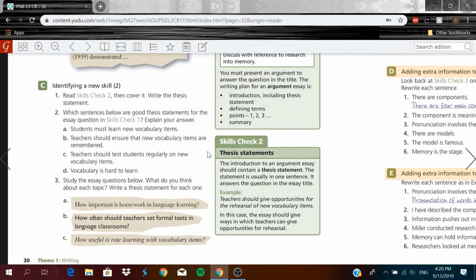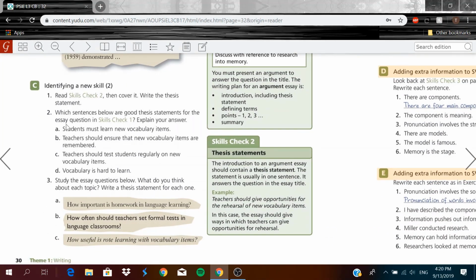Okay, so for 2, let's take a look. So we have students must learn new vocabulary items. Teachers should ensure that new vocabulary items are remembered. Teachers should test students regularly on new vocabulary items. And finally, vocabulary is hard to learn.